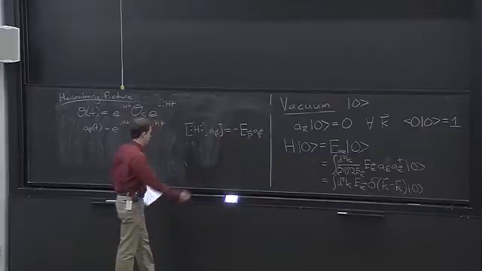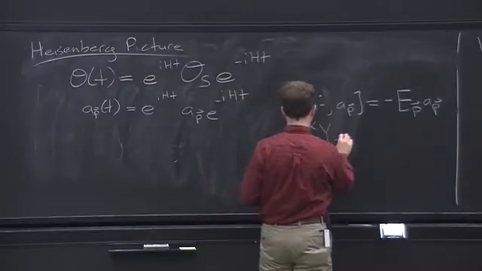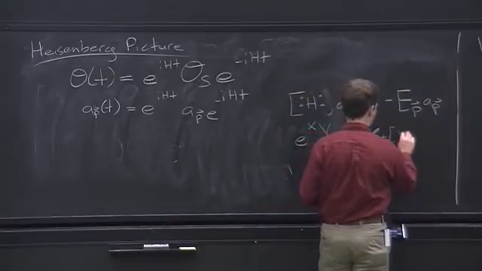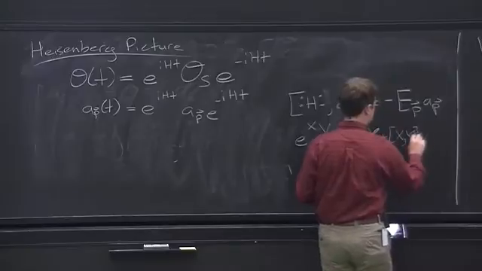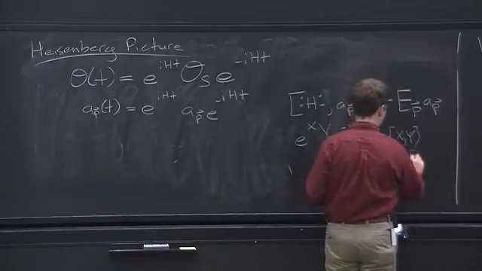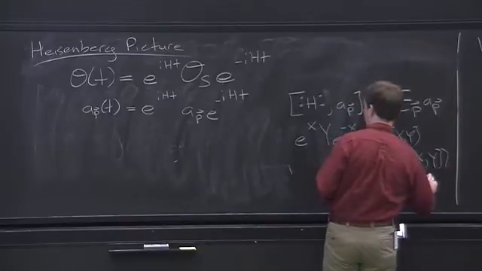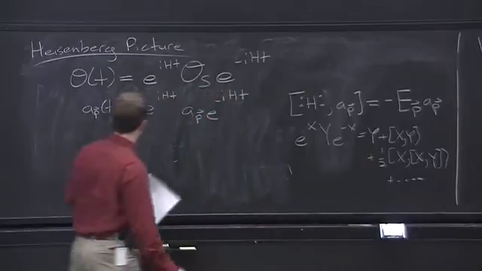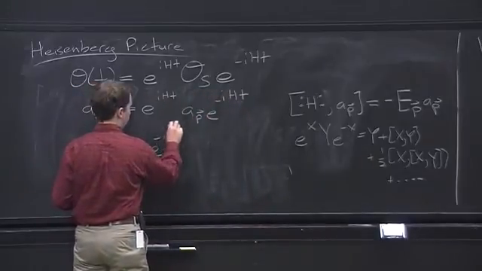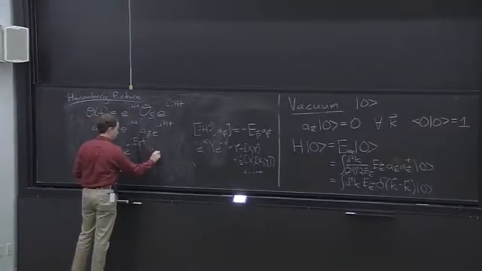And then using the relation e to the x y e to the minus x equals y plus the commutator of x with y plus one half the commutator of x with the commutator of x with y, etc., you can show that this is equal to e to the minus i E_p t times a_p.